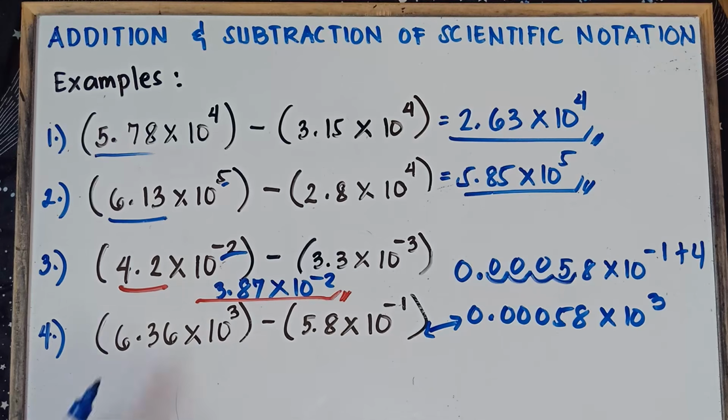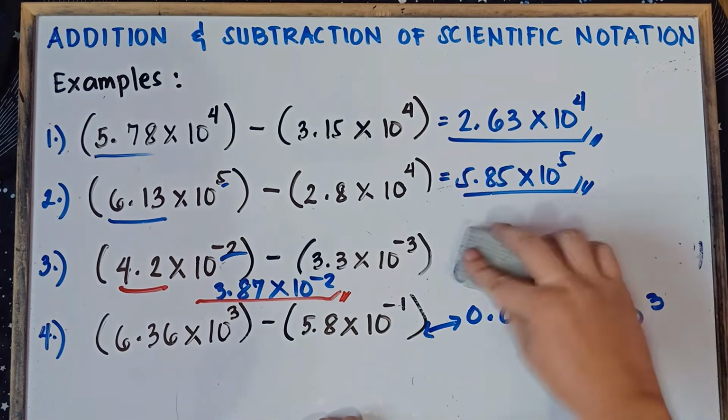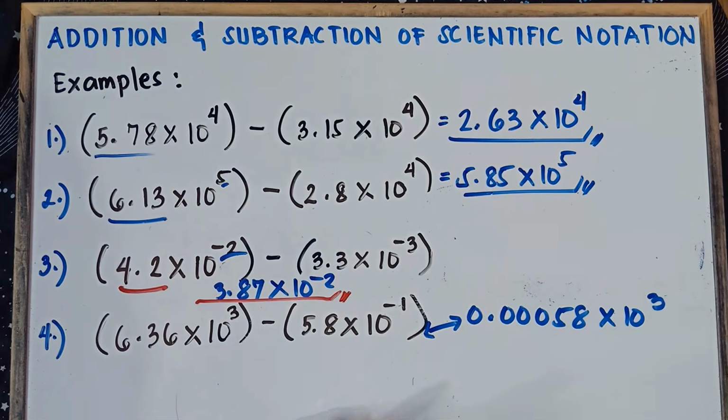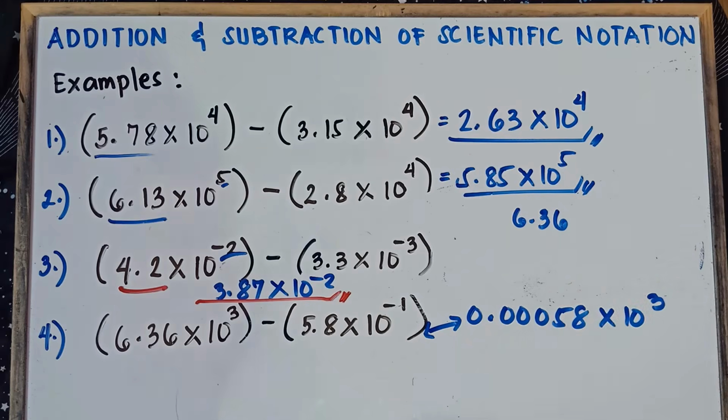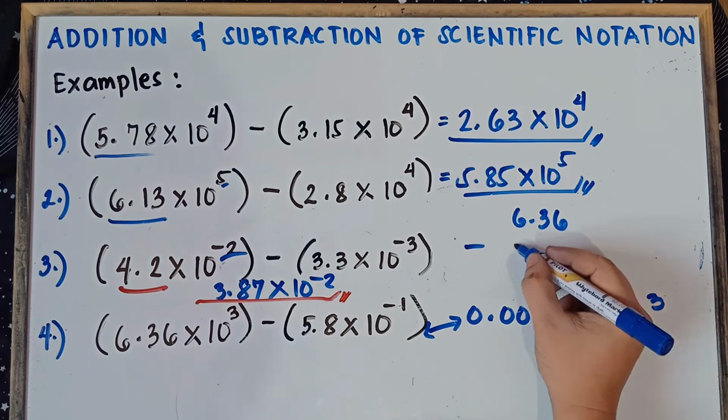Alright, and then we can subtract it now. So, this will be 6.36 minus 0.00058.